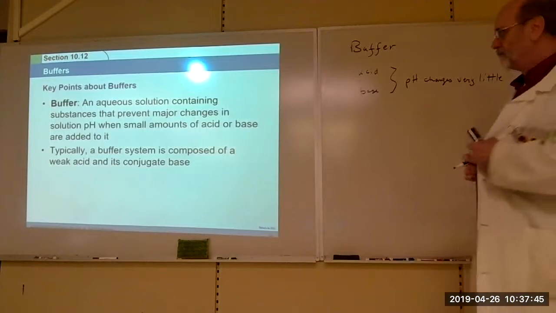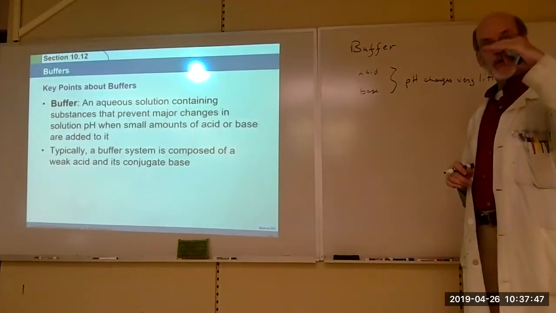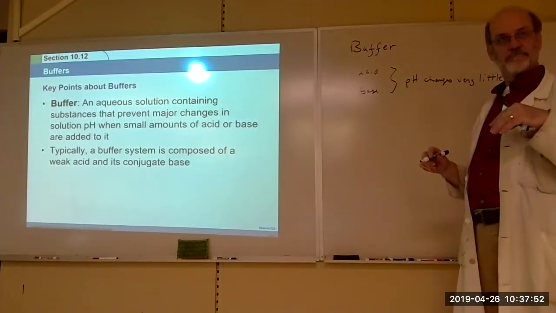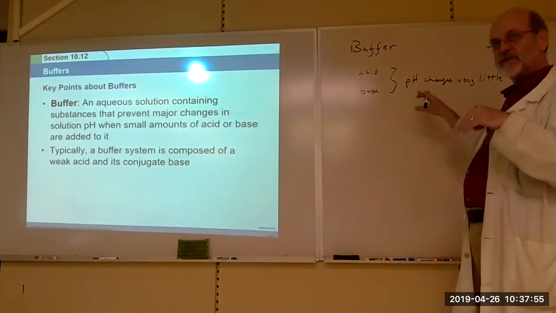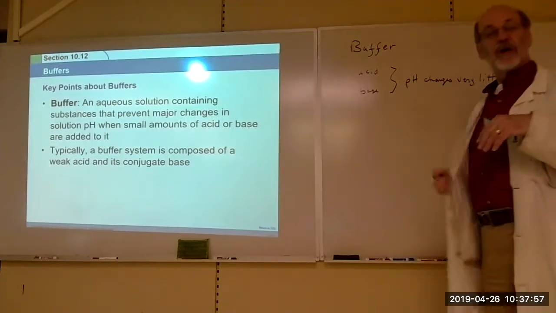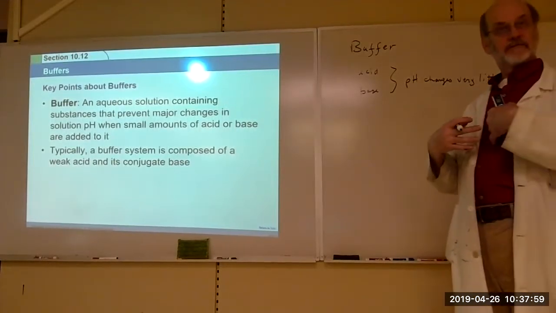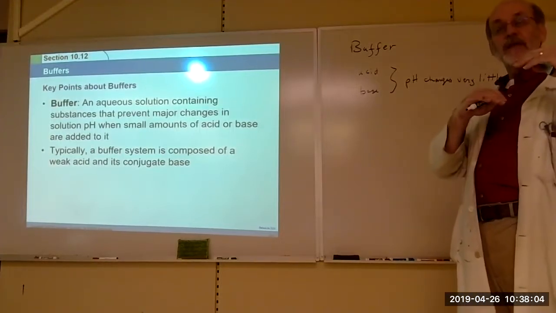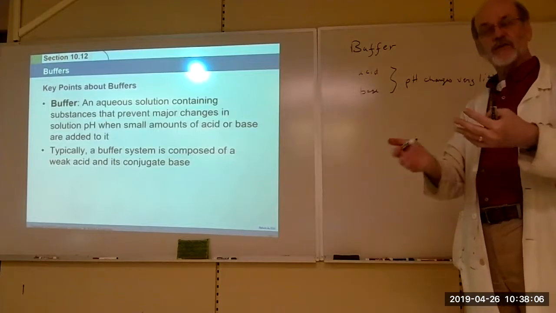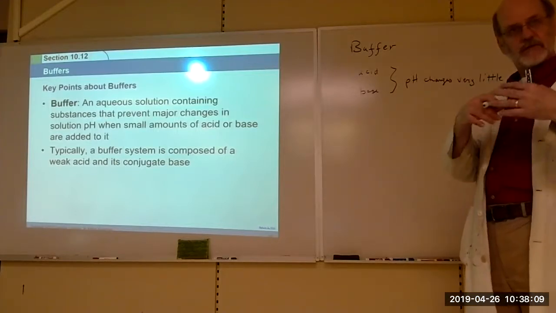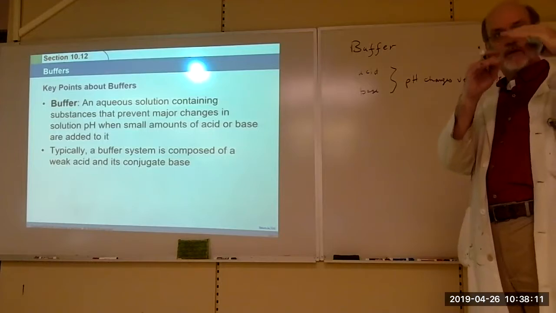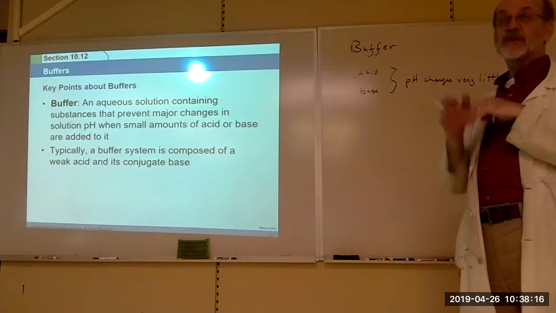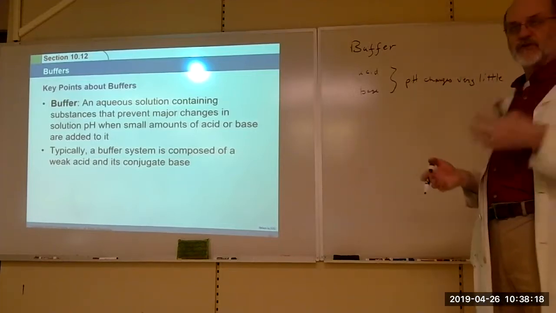In other words, it's stable near that pH if you add either acid or base. It's not constant. There is some slight change, but for instance, with your blood, if the blood's buffered at that pH range, then if you inject acid into your system or base into your system, it will compensate. It will hold it near that pH range until you exceed its capacity. You know, then you're in trouble.